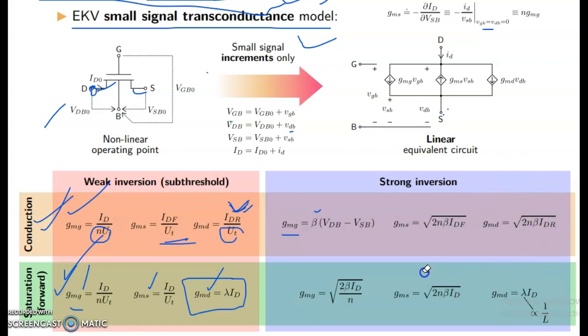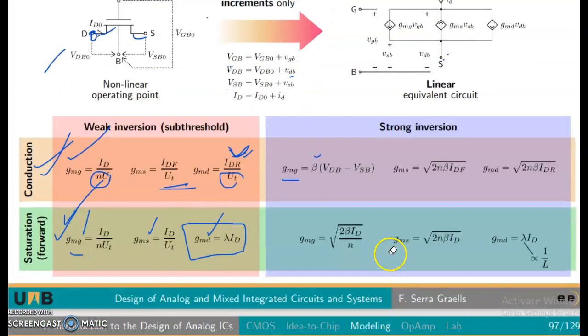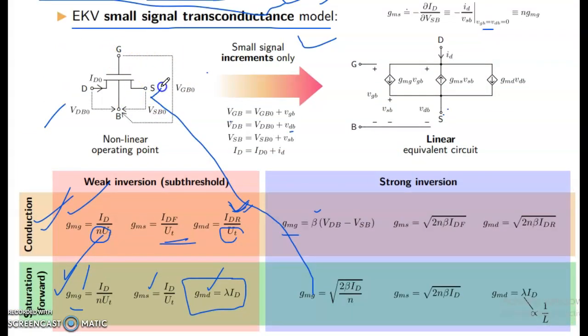Now saturation forward in strong inversion. In GMG, in gate, what is going on? This drain current is multiplying this conductance only. Mainly the drain current is going on, that's all.